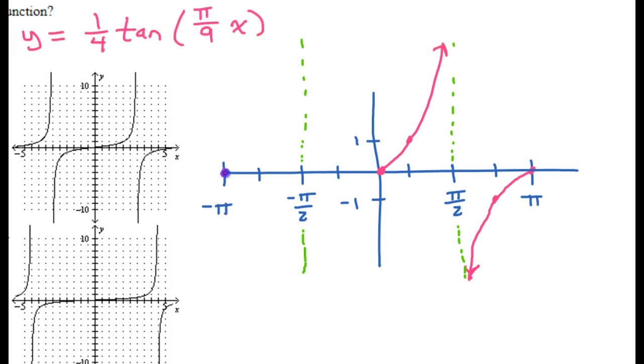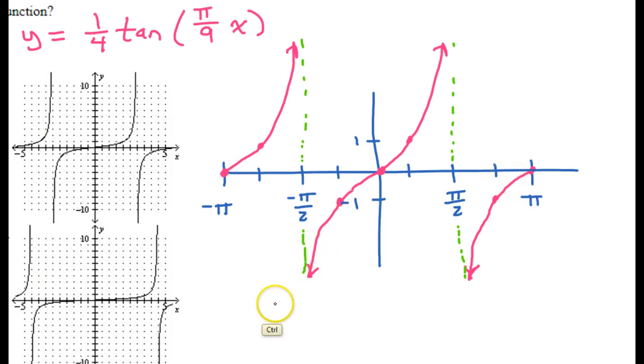And again, tangent begins and ends on the x-axis. And it should pass through this point. It should pass through this point. And of course it has to approach the asymptote. Okay, so this is what two periods of the tangent function would look like.